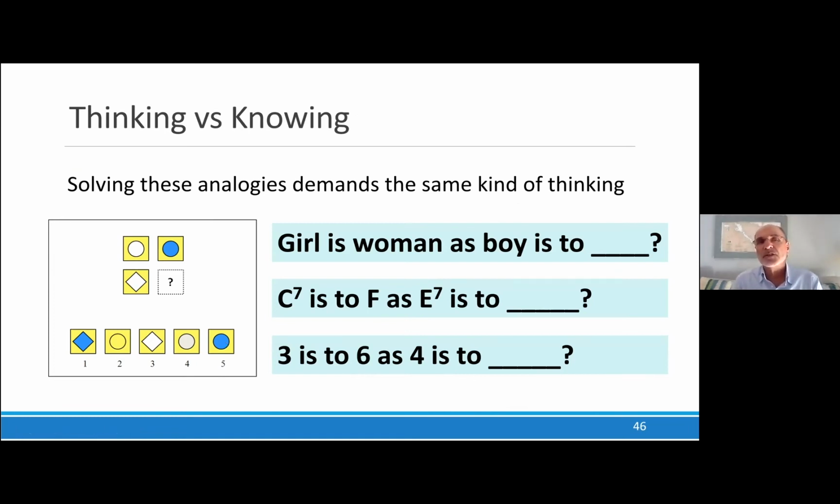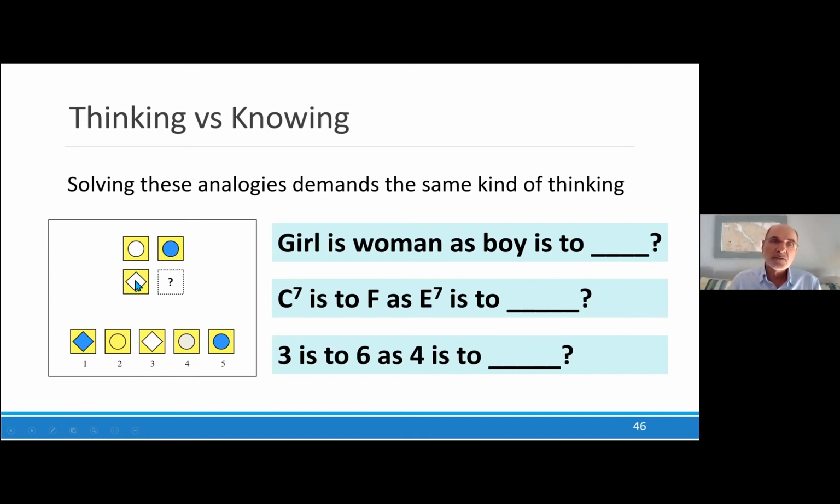But I want to show you something really interesting now, because I want to come back to this notion of thinking versus knowing. So the item on the left, the progressive matrix, this demands simultaneous processing. This is like one of the subtests on the Cognitive Assessment System, and my Naglieri Nonverbal, by the way. So you don't have to say the white circle in the top row becomes a blue circle when you go to the right.